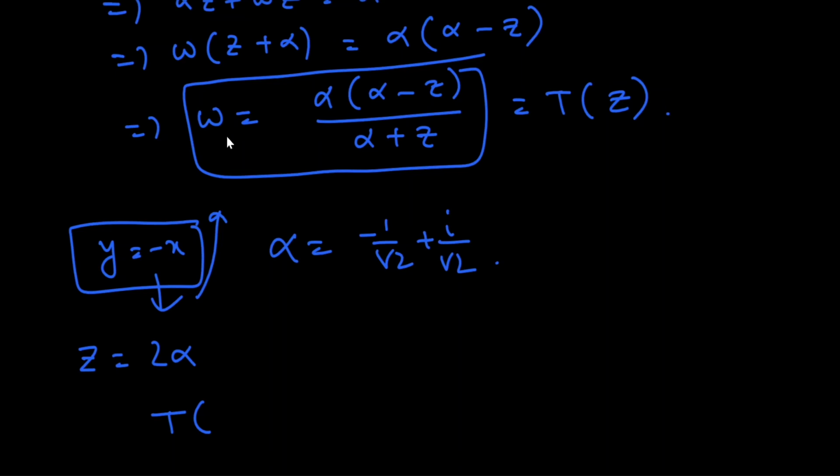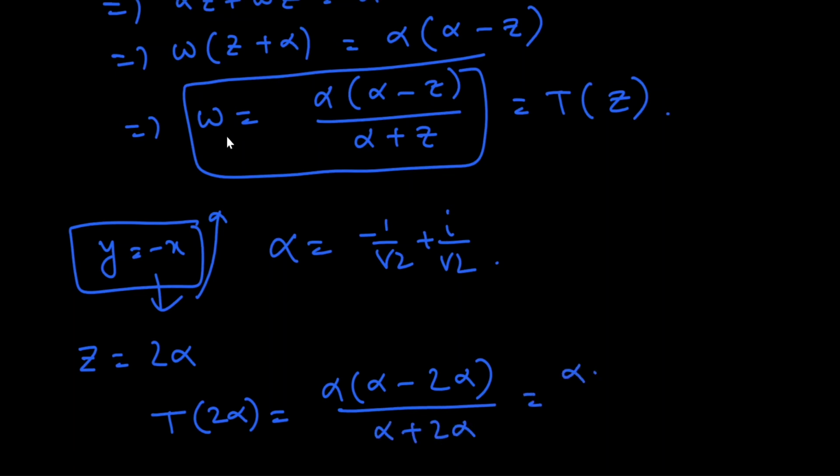T of 2 alpha is equal to, if we put it here, alpha into alpha minus 2 alpha by alpha plus 2 alpha. This is equal to alpha into alpha minus alpha means minus alpha by 3 alpha. So alpha cancels, so this is equal to minus alpha by 3.